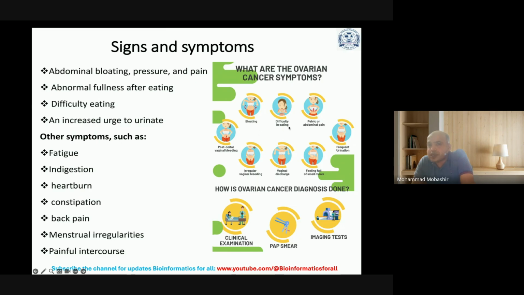Bloating, difficulty in eating, pelvic or abdominal pain, frequent urination, feeling full on small meals, vaginal discharge, irregular vaginal bleeding, postcoital vaginal bleeding. Now, how is ovarian cancer diagnosis done? So, there are clinical examination, pap smear, imaging tests.